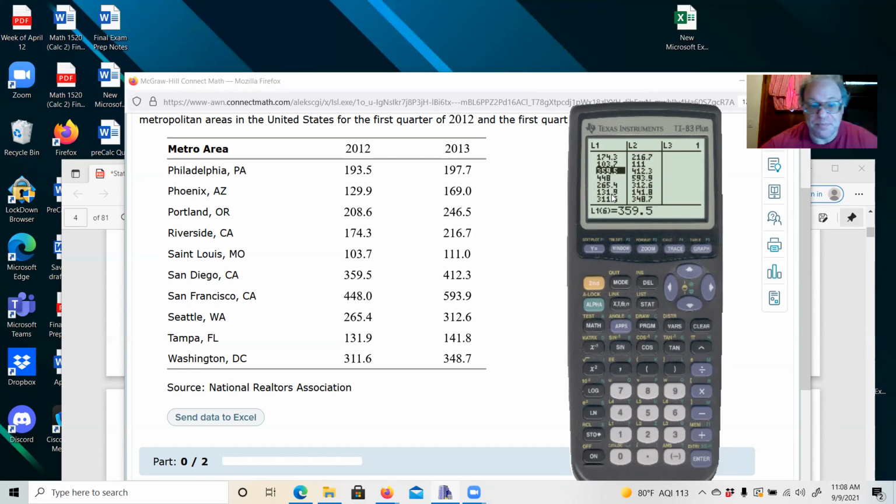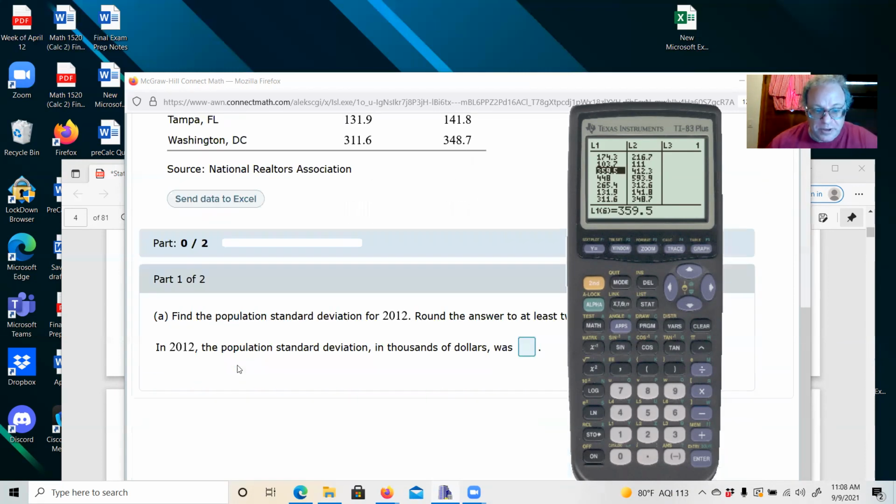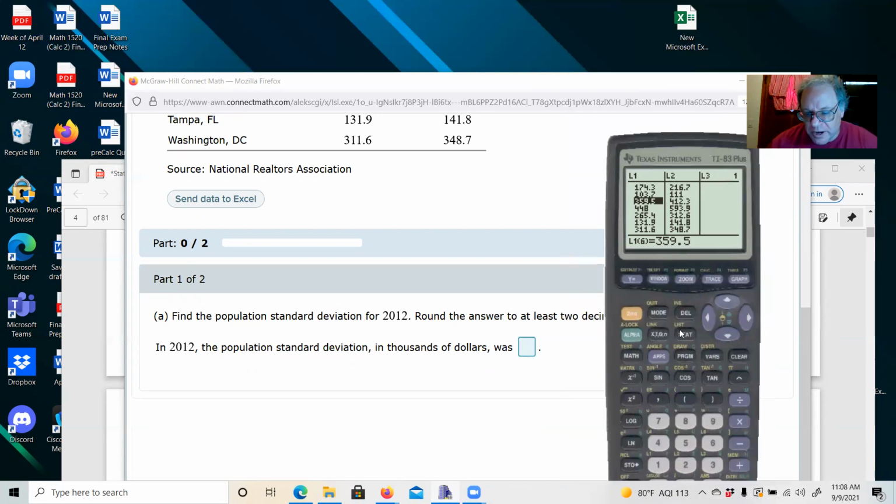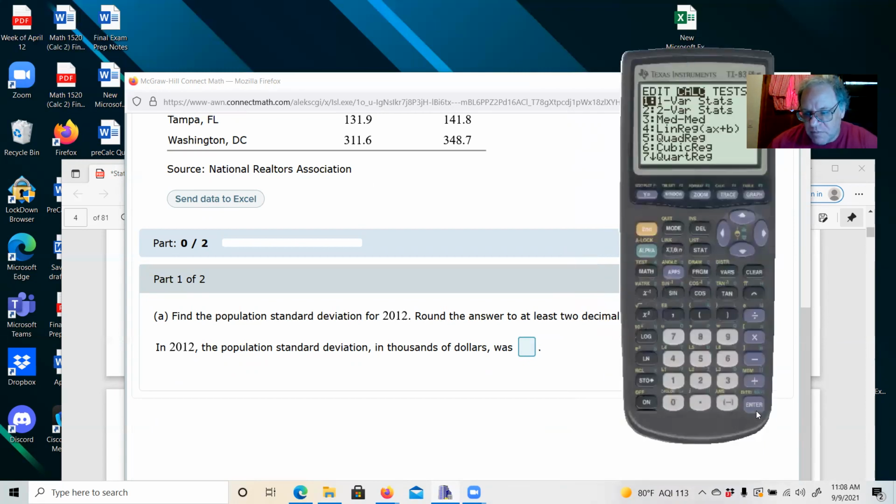So, what do we want to do? Find the population standard deviation. So we're going to hit stat, calc, one variable statistics. We're always going to pick that. I just want to do it on list 1.